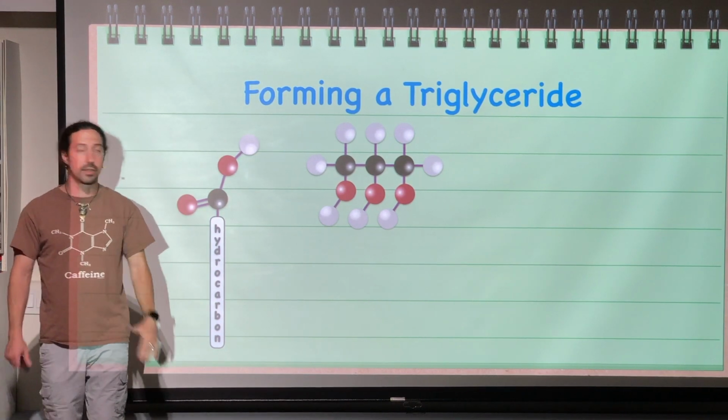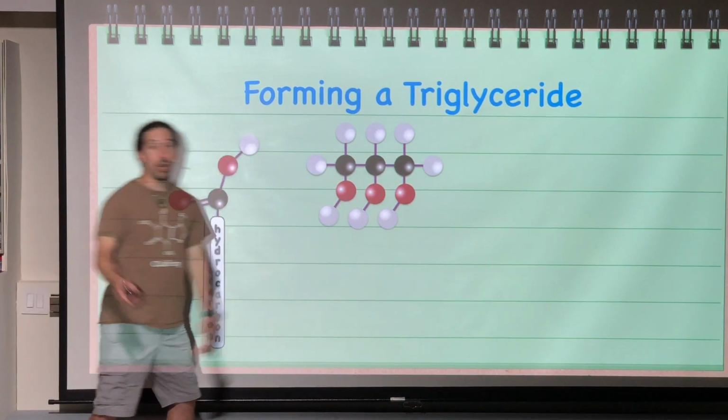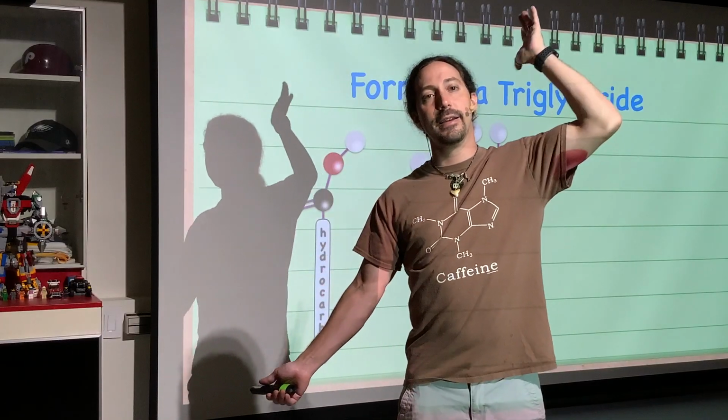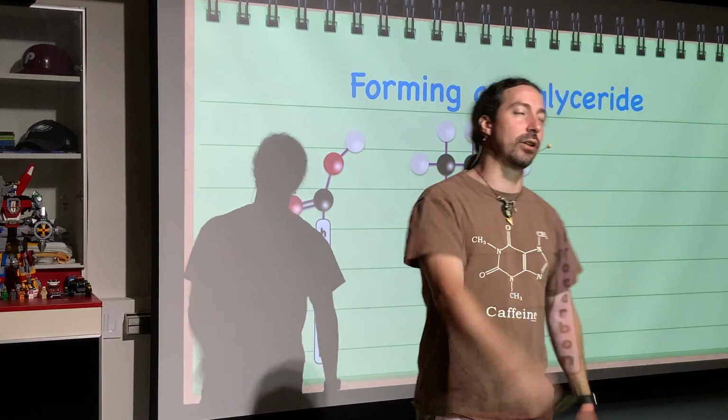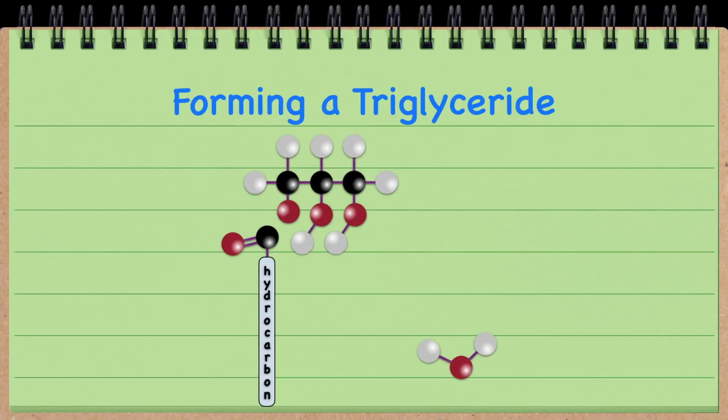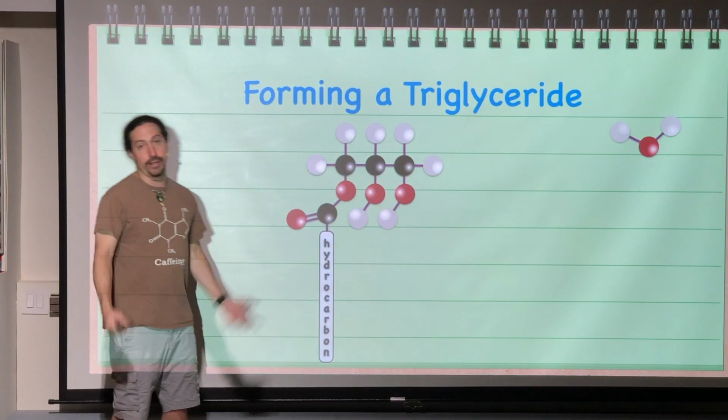Now the carboxyl and the hydroxyl are going to interact. And that interaction is dehydration synthesis, absolutely. So, moving on. There we go. We just formed a water, and we form a bond in between these two things. And this would be a monoglyceride. That's what it would be.